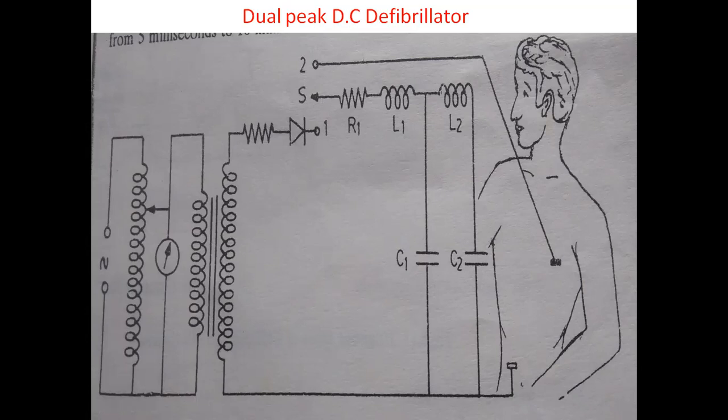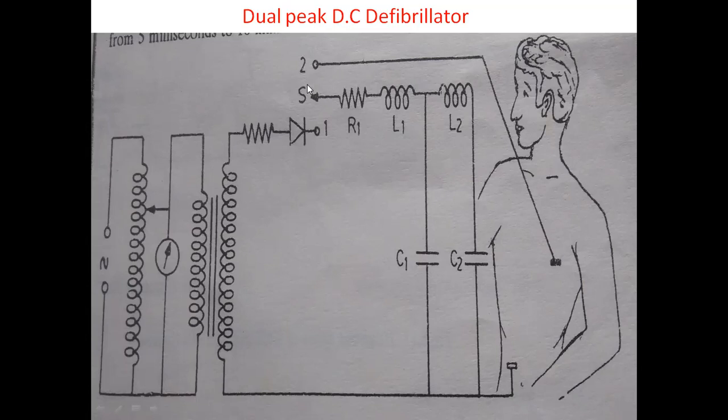Then, when the situation occurs that the high voltage has to be applied to the patient, this switch is connected to contact number 2. When we connect the switch to contact number 2, that gives a sudden discharge of the capacitors C1 and C2.